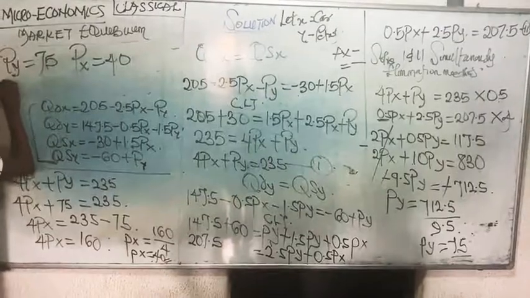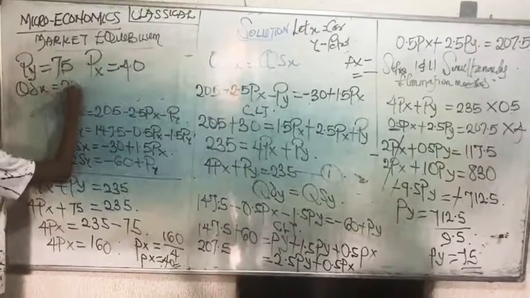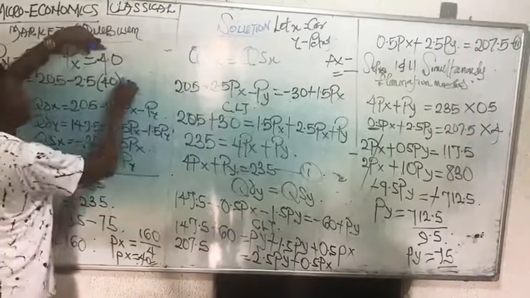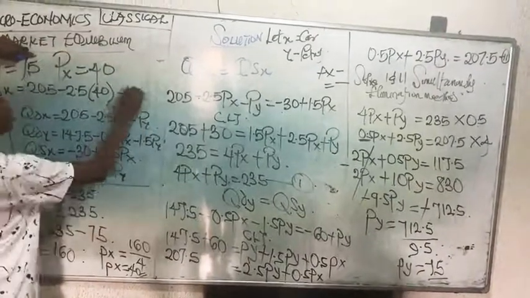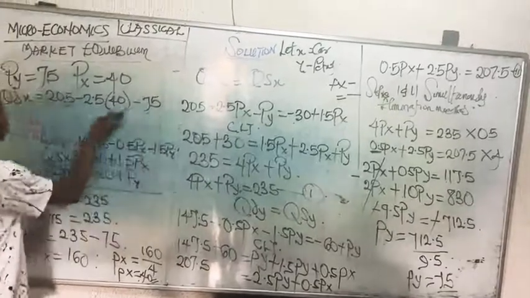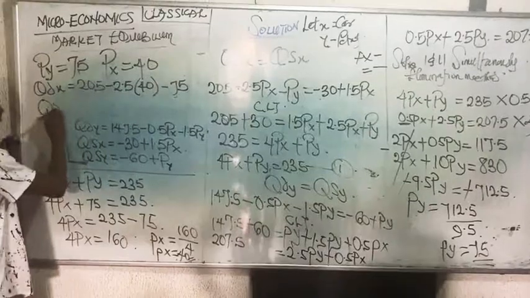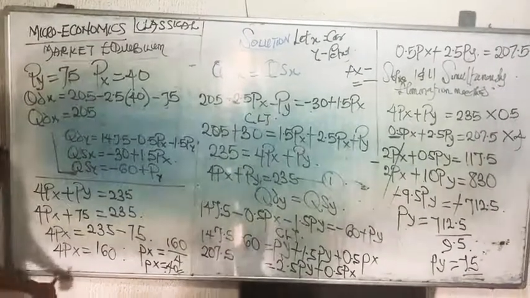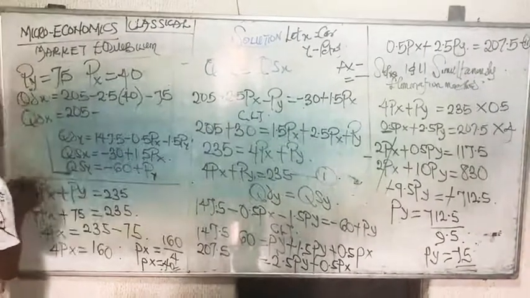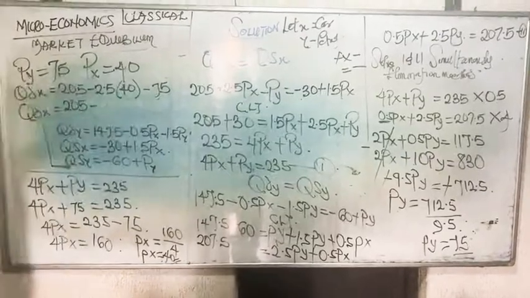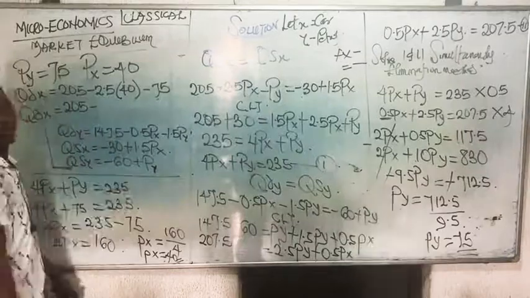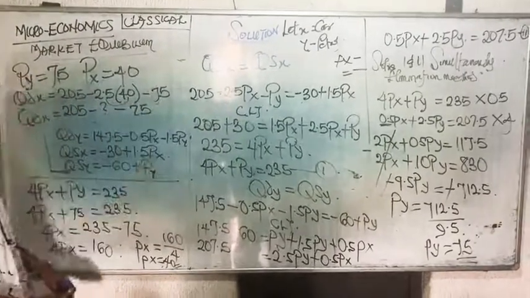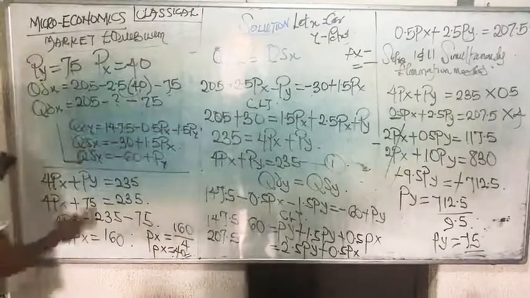QDX equals 205 minus 2.5 times Px, which is 40, minus Py, which is 75. 2.5 times 40 gives us 100.